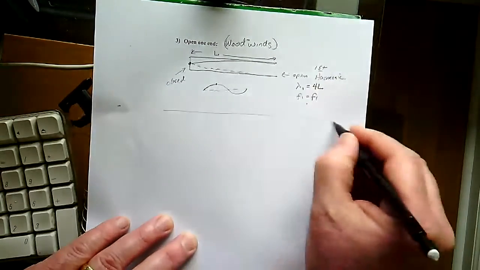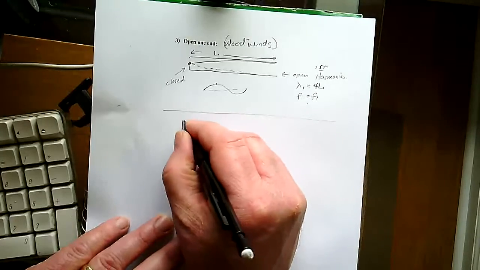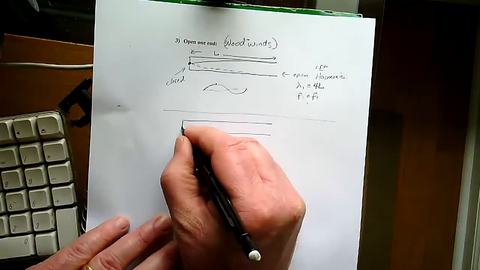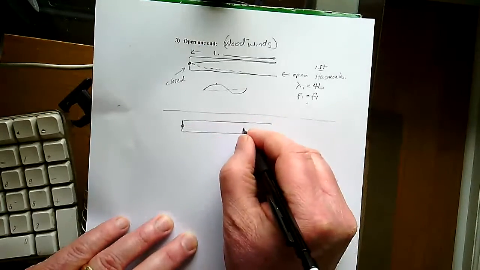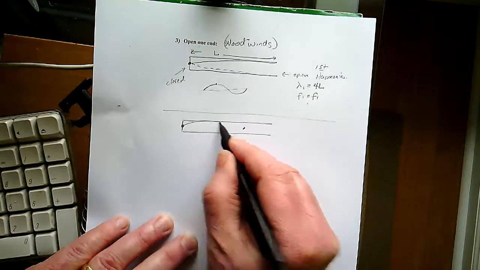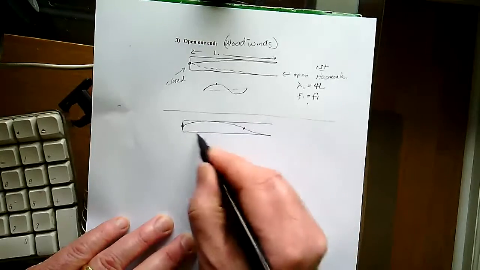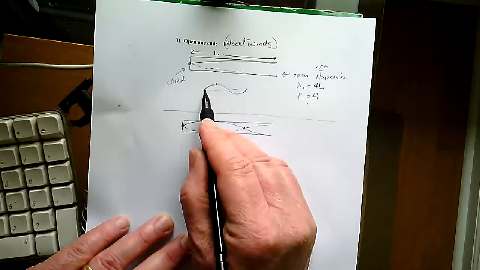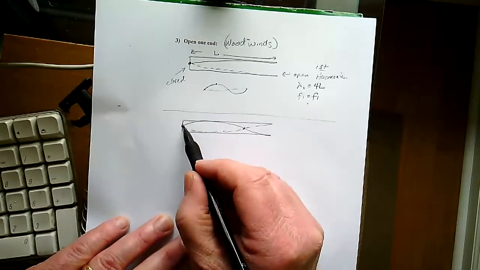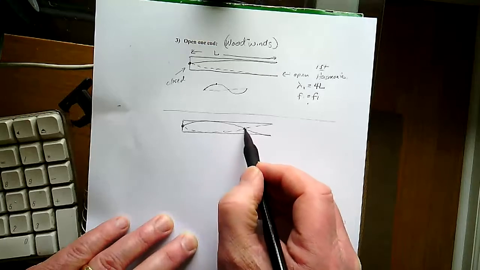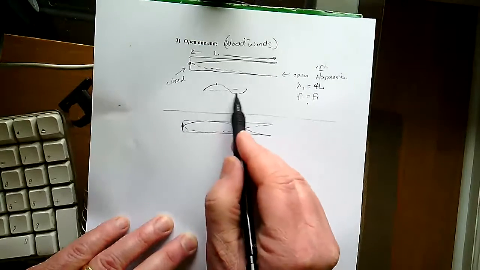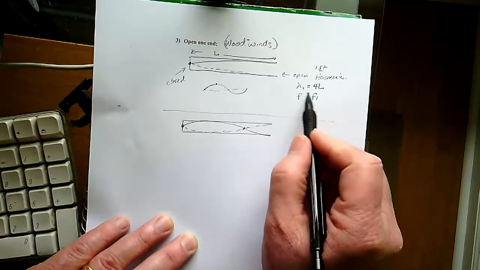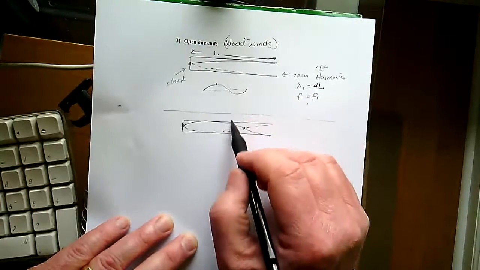Now, for the next one, we're going to add a node. So I still have one node at the end, and I have a node out here someplace. And it's going to look like this. Looking back over here, that shape where I go from the midpoint to the top, back to the midpoint, and to the bottom is 3/4 of a wavelength. This was a quarter wavelength, this is 3/4.